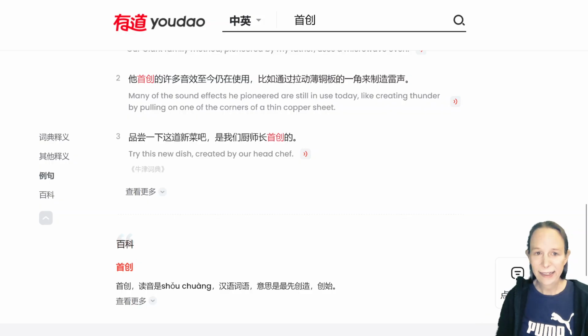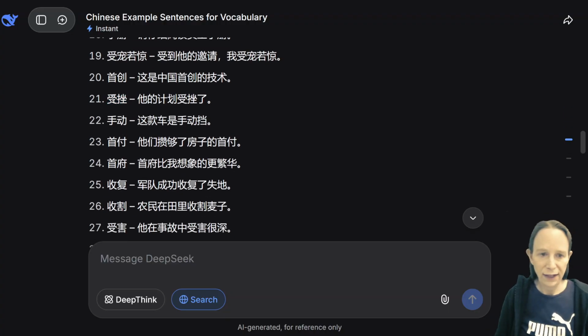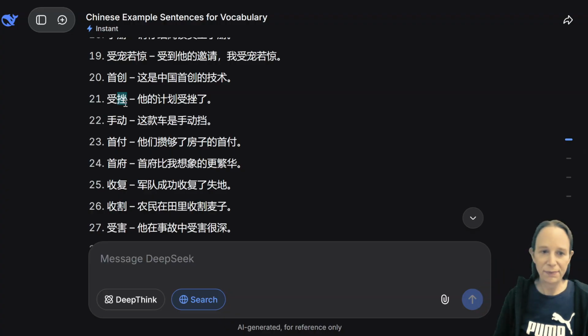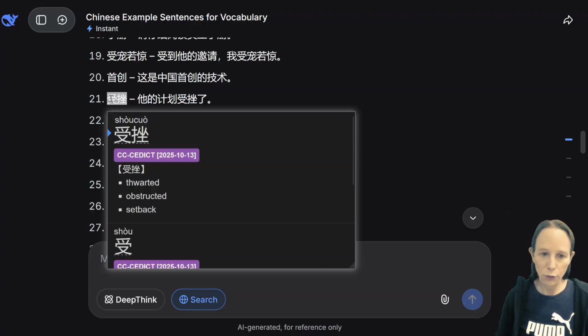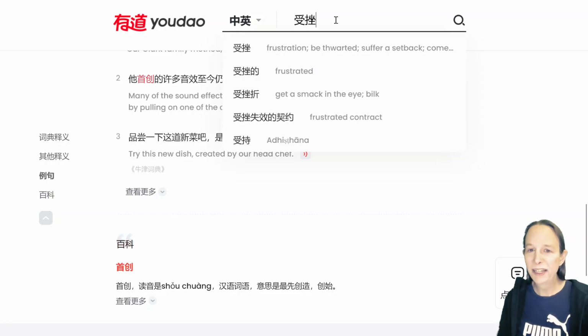All right. 受挫. This 挫折的挫. Presumably it just means to experience setbacks. 他的计划受挫了。受挫了。Thwarted, obstructed, setback. So when I see these characters, I think this is going to be a verb, but it could be a verbjective.